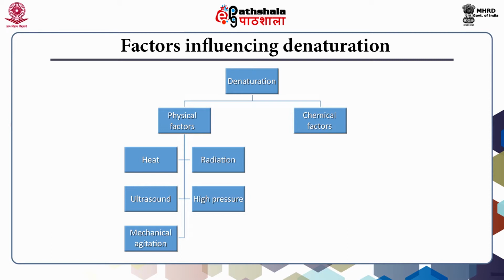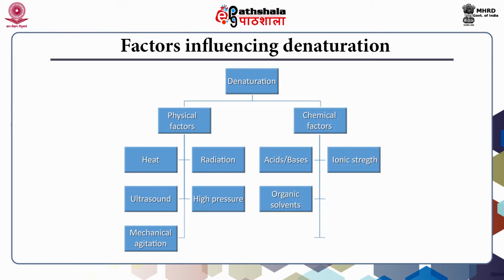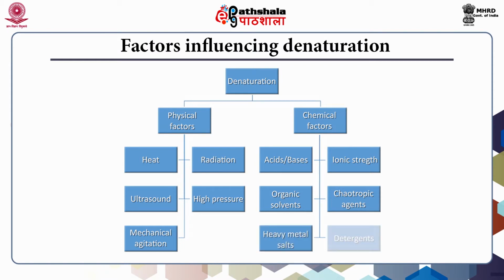Chemical factors include presence of acids and bases, high ionic strength, organic solvents, chaotropic agents, heavy metal salts or even detergents. There can be additional factors such as cross-linking, disulfide bond reducers, mechanical agitation, etc., which can contribute to the enzyme denaturation.